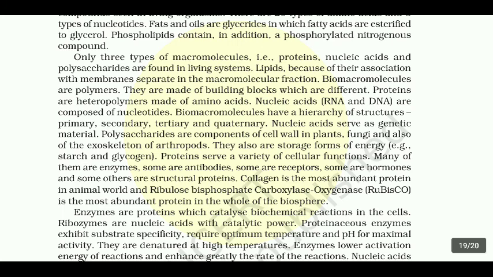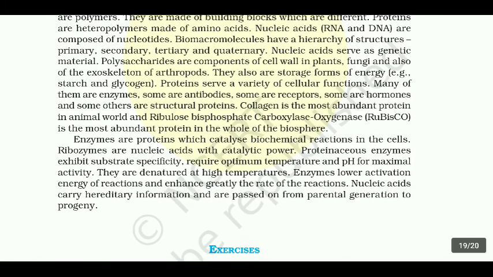Many of them are enzymes, some are antibodies, some are receptors, some are hormones, and some others are structural proteins. Collagen is the most abundant protein in the animal world. Ribulose bisphosphate carboxylase oxygenase, Rubisco, is the most abundant protein in the whole of the biosphere. Enzymes are proteins which catalyze biochemical reactions in the cells.